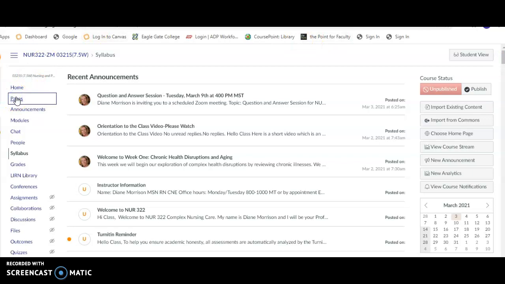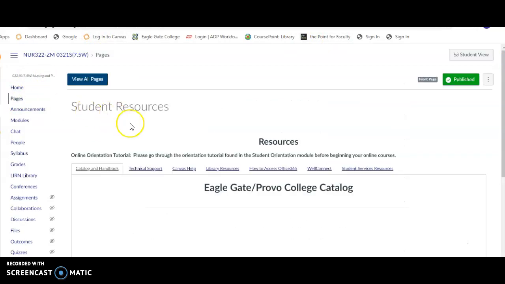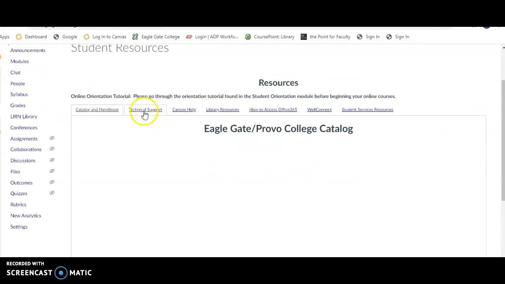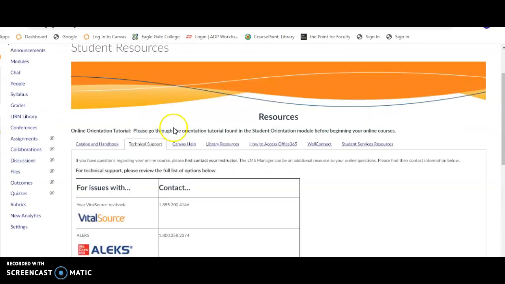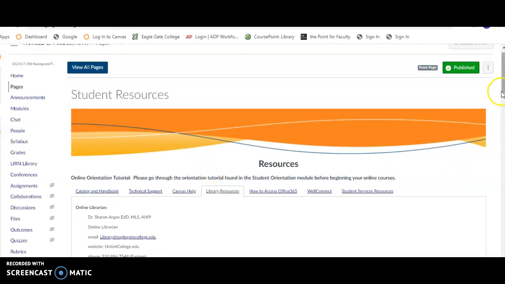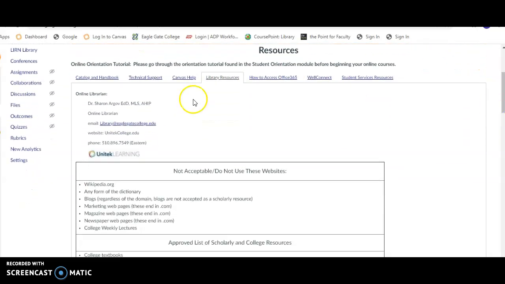Here on your Pages tab, you have a wealth of resources. So you have your catalogs, you have your technical support if you are having problems, your Canvas, your library resources, and here is the name of the librarian. She's just a wonderful person who's here to help you.